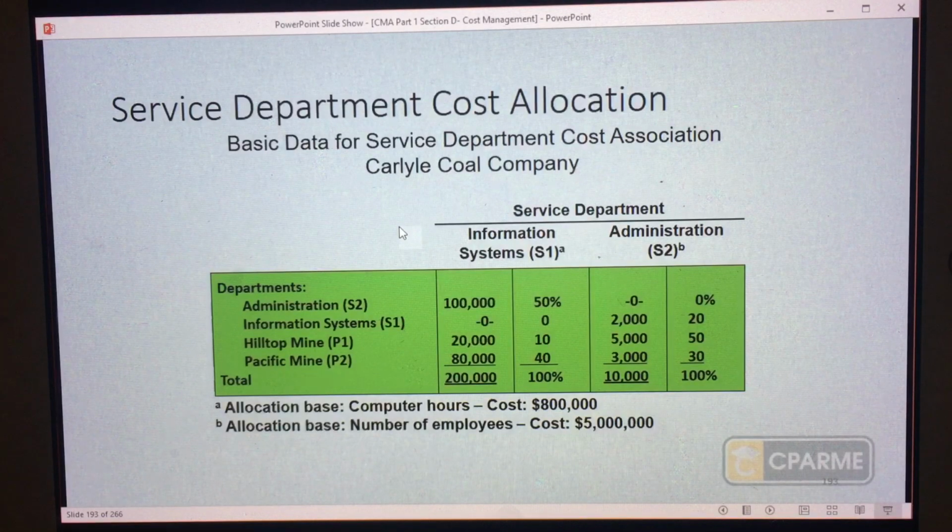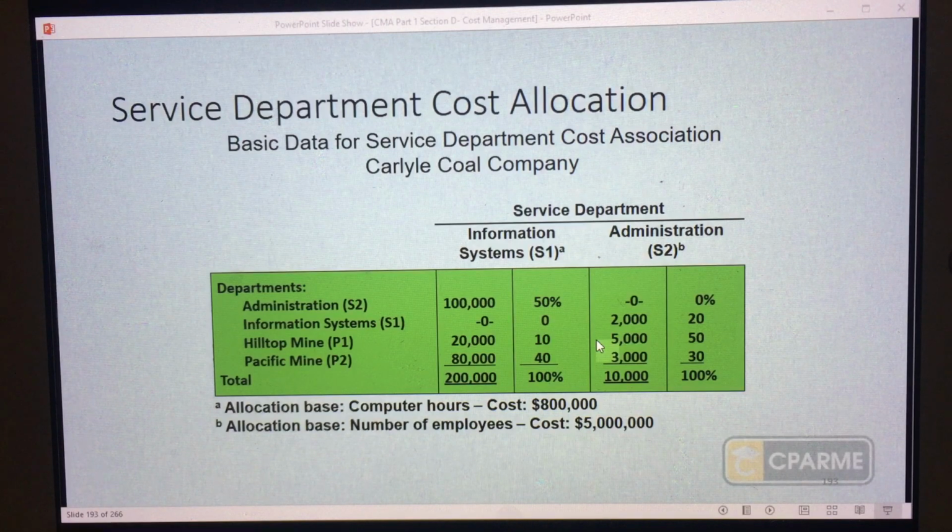So this is the basic data for Carlisle. If you look at this table, the cost allocation base for the 800,000 cost of S1 is computer hours. So the question is, why are computer hours your allocation base? It becomes your allocation base because the cost driver in this example would be your computer hours.